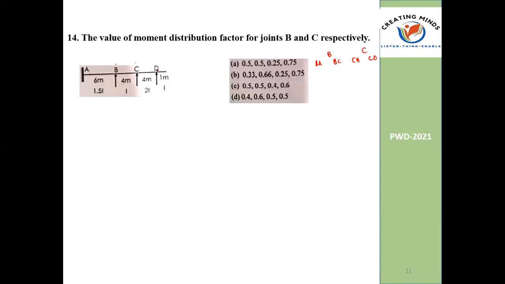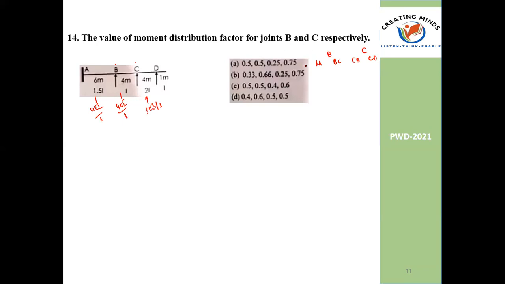For BC and CD, here CD is a simple support, so we ignore the overhang, and this is 3EI by L. For all the remaining members, it is 4EI by L.